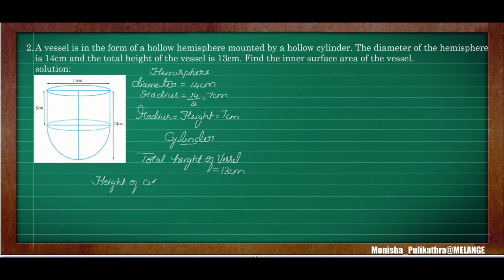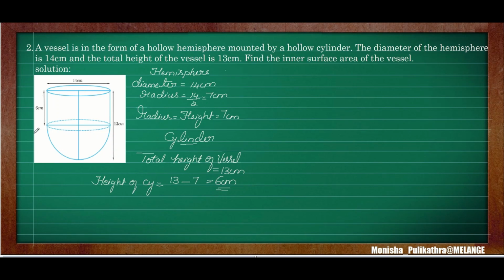So height of cylinder is equal to total height of this vessel, that is 13, minus the height of the hemisphere. The total height of the vessel is 13 and the height of the hemisphere is 7. So 13 minus 7 is 6 centimeter. So this 6 centimeter is the height of the cylinder.